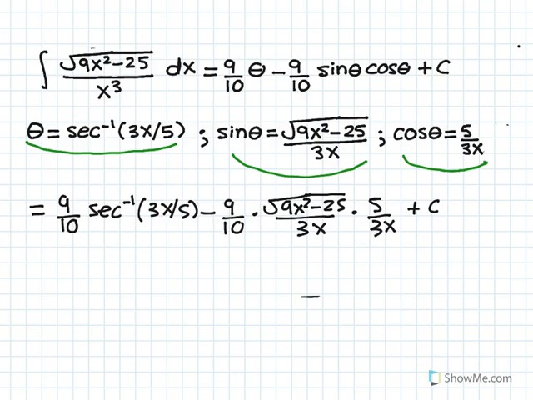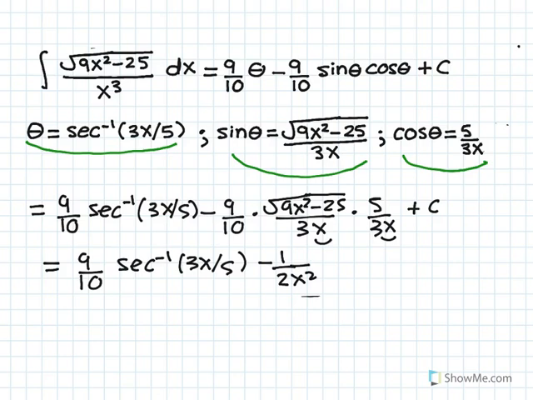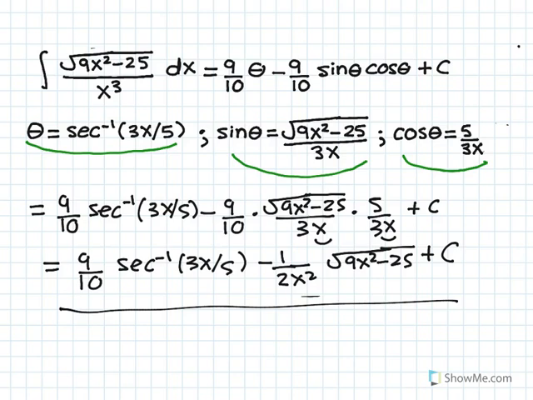If we simplify this, we're going to get 9 over 10 secant minus 1 of 3x over 5. And if we manage these constants, we've got 9 times 5 in the numerator, that's 45, divided by 90, that gives us 1 over 2. So we get negative 1 over 2. And we've got x times x, that gives us x squared. And in the numerator, we've got root of 9x squared minus 25, plus c. That is the answer to this integral.